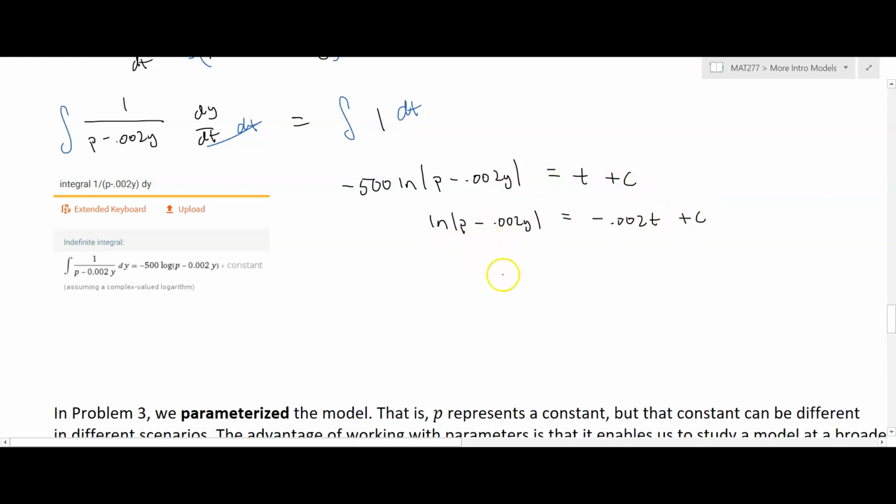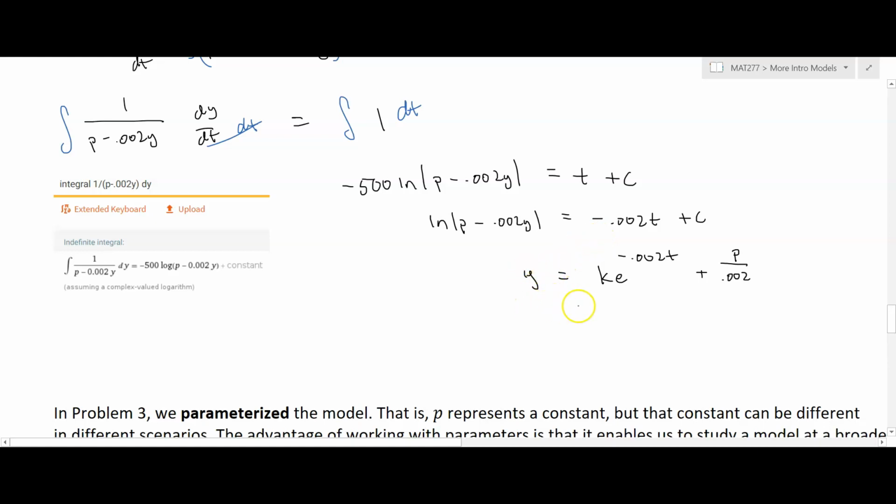And when we exponentiate and divide by 0.002, what we'll end up with is k e to the negative 0.002t plus P over 0.002. Okay, so this P before was our 30 divided by 0.002, which came out to 15,000, but now we don't have that value. So you can see how much work this involves already, even symbolically.